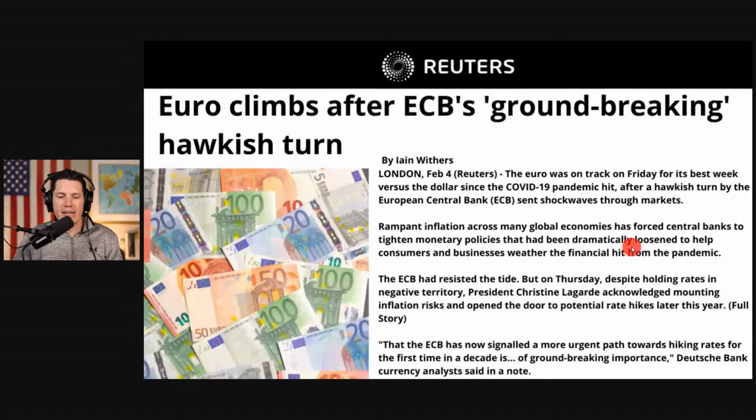The U.S. dollar index fell sharply yesterday, and a lot of this had to do with what's going on in Europe. The European Central Bank went toward a more hawkish stance in regard to policy and rates. They are finally acknowledging inflation risks and at least opening the door to an interest rate hike later this year. This is a big shift for them.